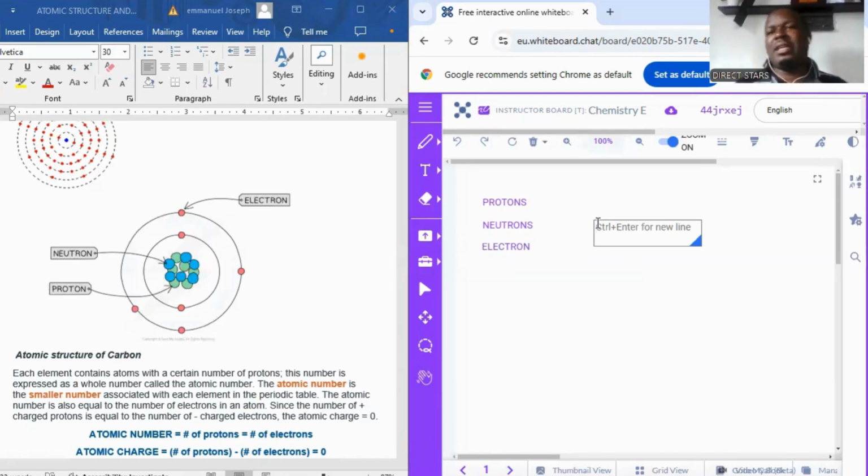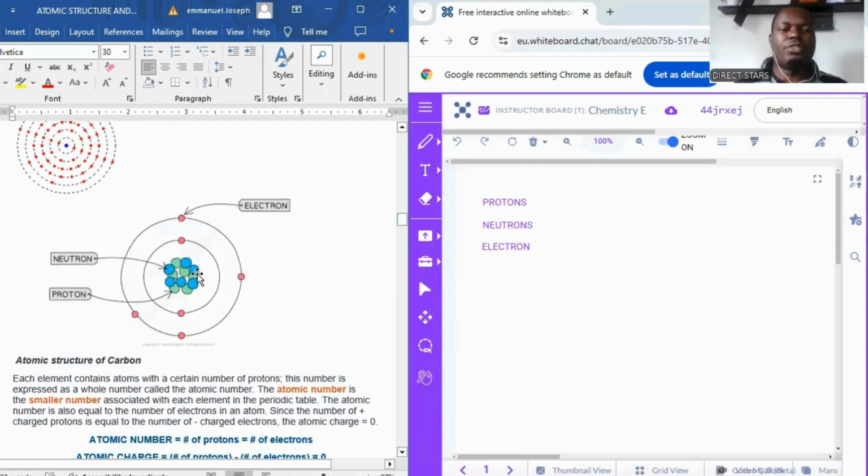The reason basically is because they are very, very light in weight. Okay, so since they are very light, they cannot concentrate at the center of the nucleus, but can only orbit round the nucleus. This diagram here is a typical example of the structure of carbon.